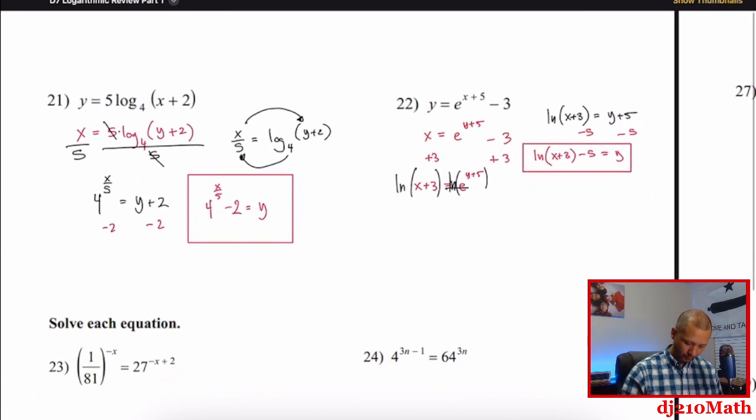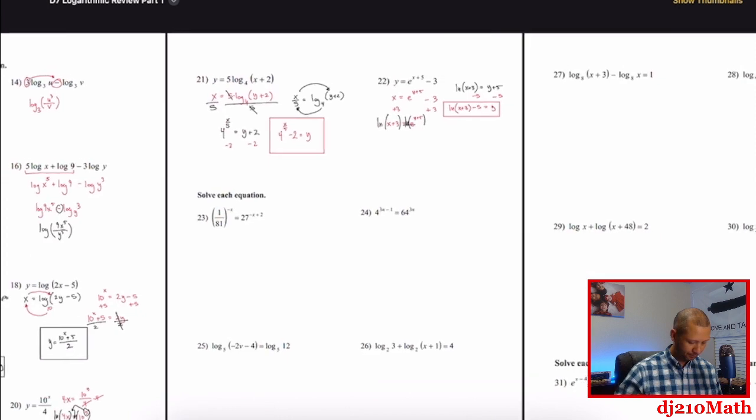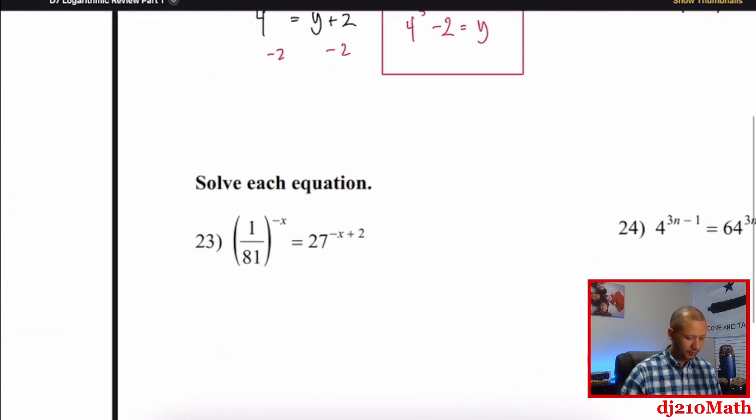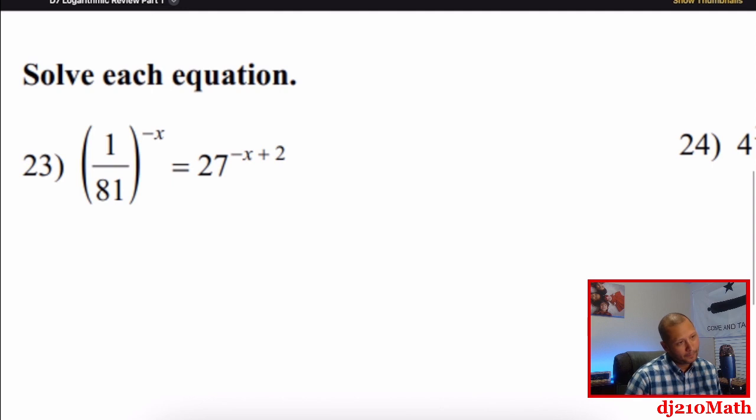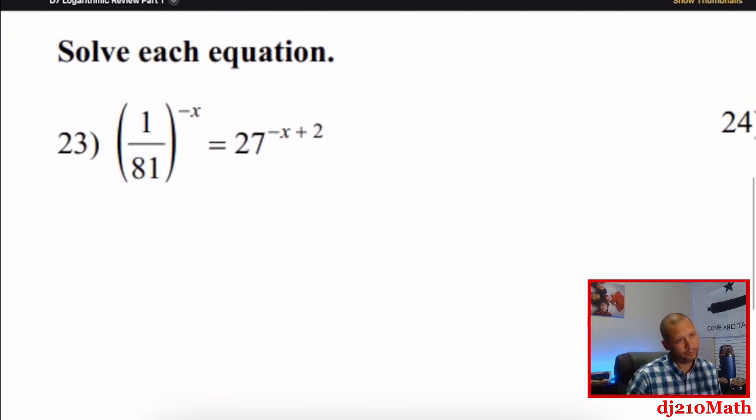All right. We're almost done. Solve each equation. So here, we're going to be solving for the variable, x, y, whatever the variable is, that's what we're solving for. And we can use any and all of the rules or properties.